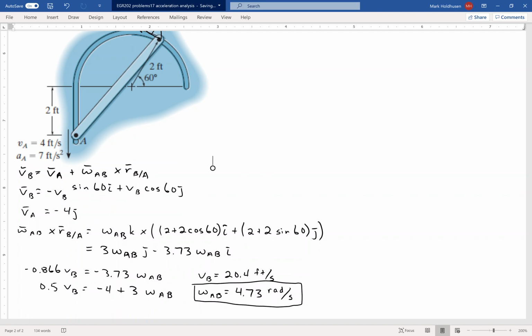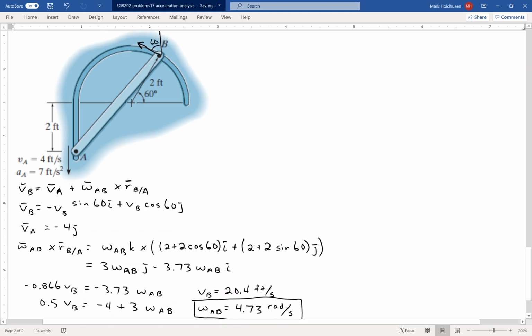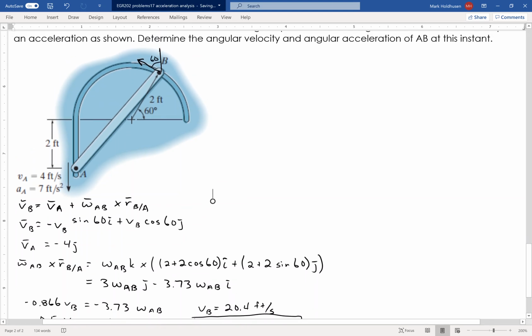Now I need to move on to my acceleration equation. Okay, so I'm going to go ahead and write a similar acceleration equation. Let me start by just blocking this off so there's no confusion about which is which.